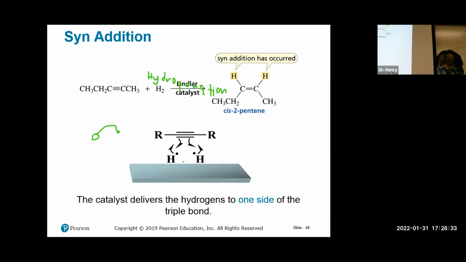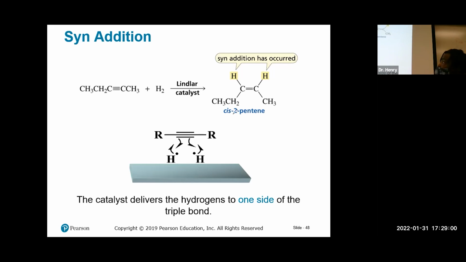Okay, so what the catalyst does, what the metal did as well, was to deliver the hydrogen to one side of the triple bond. So it's going to deliver the hydrogens to one side of the triple bond in this case.